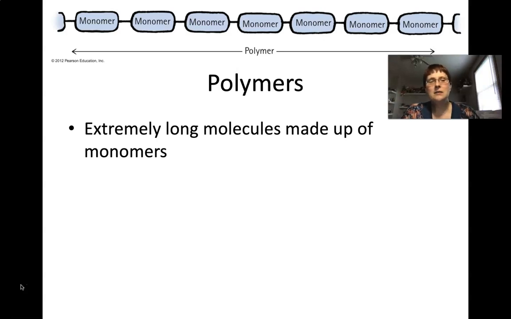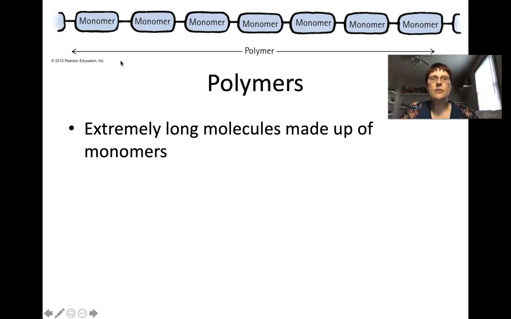So what does poly mean? Many. And mono, one. So monomer means single unit, so one unit. And so a polymer is a long molecule made up of a bunch of these monomers.